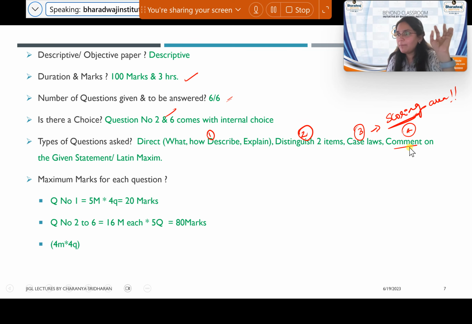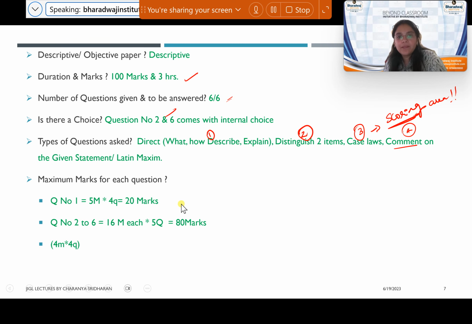Comment. Is this statement a true one or a false one? It's a true one. You will write your explanations about it, support it with some case laws, and then conclude by saying the above given statement is valid. This style of question is also possible. This is how the paper is going to be arranged.